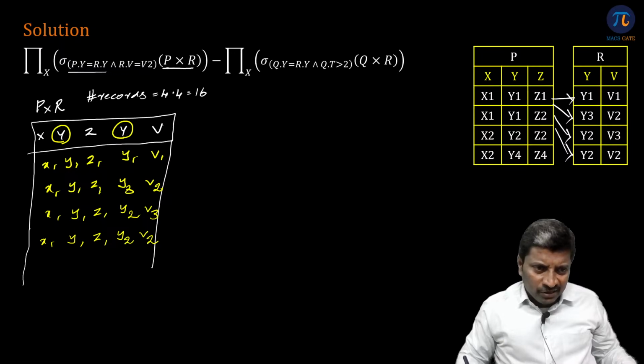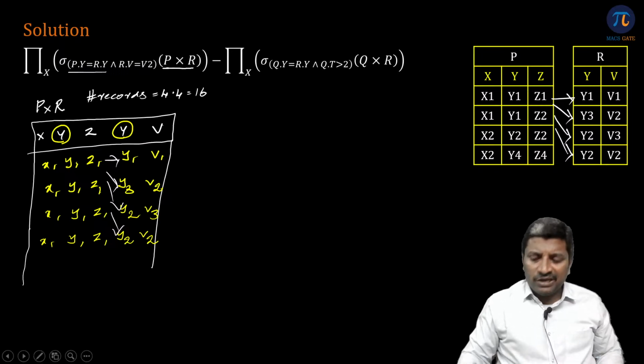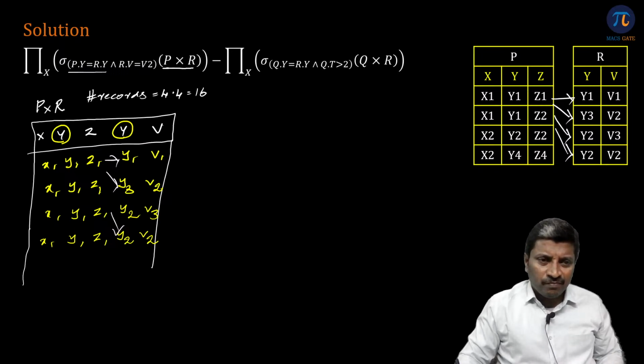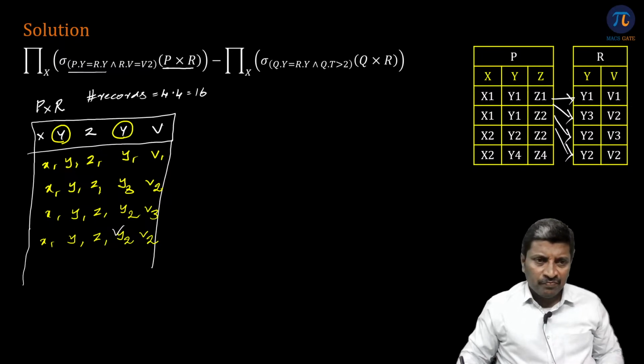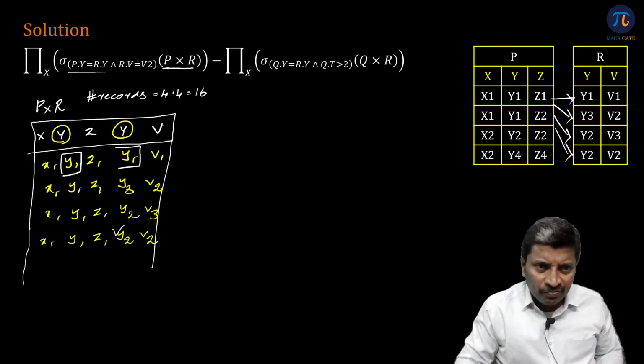The same record I matched with 4 times. Now the conditions. What are the conditions, sir? P dot y equal to R dot y. These two must be same. These two are not same, sir. So no need to write it.